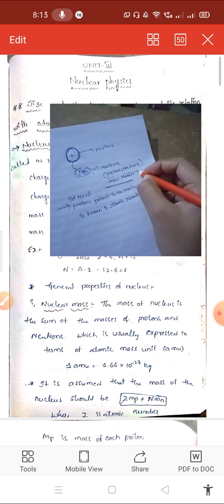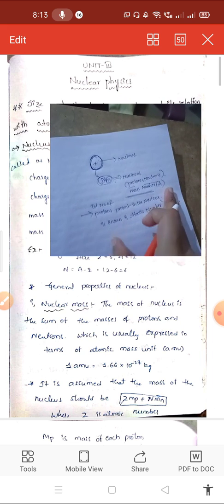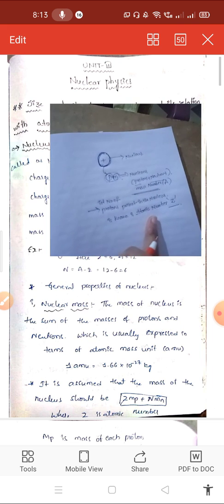Mass number is denoted by A, and the protons by Z.